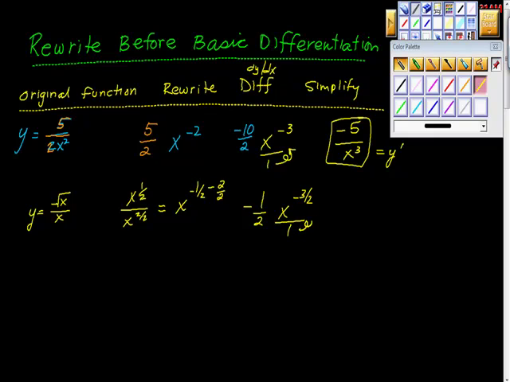Simplify this. This comes up as its reciprocal, doesn't it? And we get, let's take a look at it, negative 1/2, just so you can see where I'm getting all my stuff. So negative 1 over this 2 is this 2, x to the 3/2.